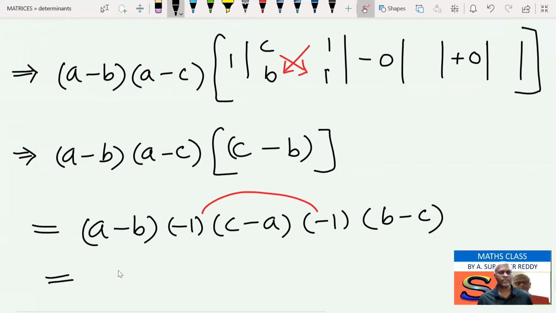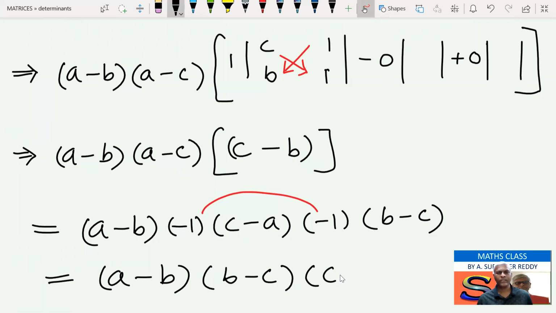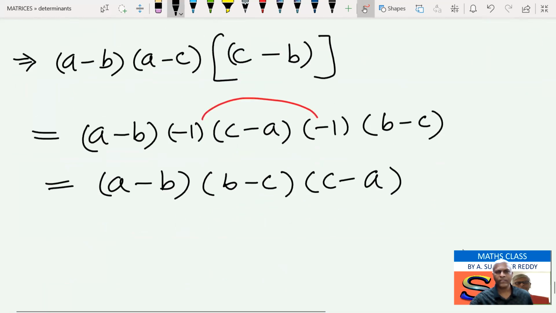So now this is equal to A minus B, B minus C, C minus A. So this is the required right hand side.